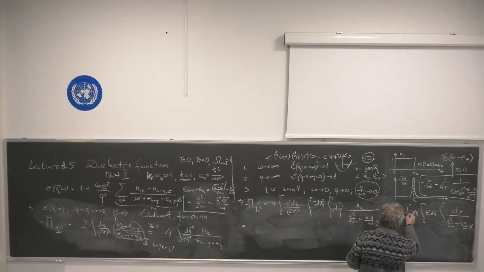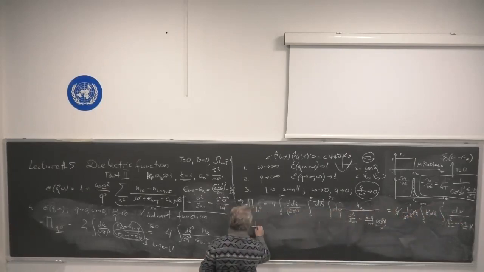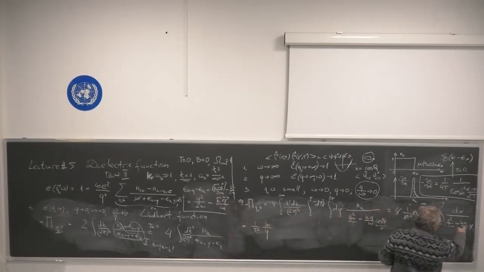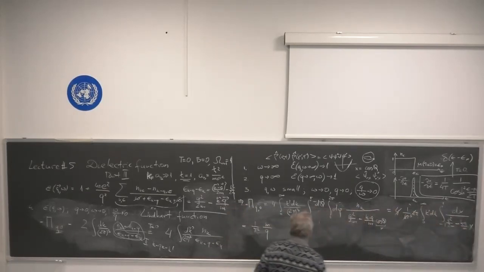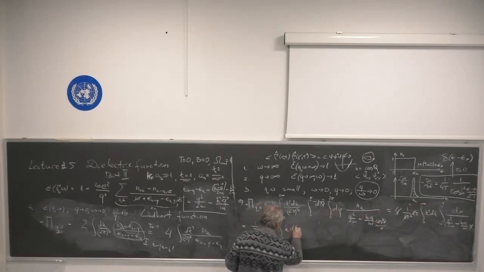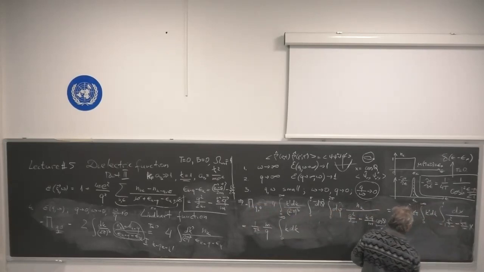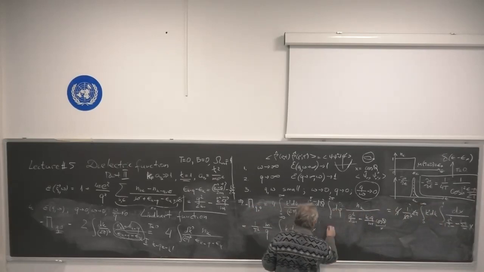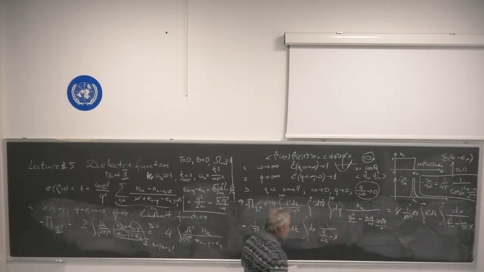So I have 4, 2, 8, 1 over pi squared. I take m over q. I multiply numerator and denominator by m divided by kq. I have integral from 0 to infinity k dk, because one power of k cancels out. And I have integral from -1 to 1 dx, here I have 1 over q over 2k minus x.